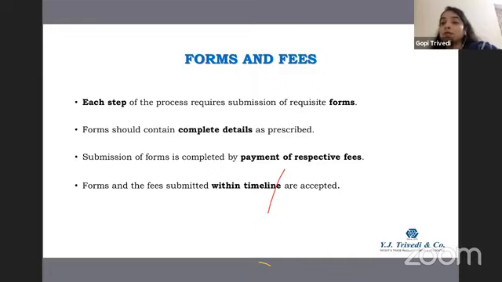Of course, the forms must be filled up with the right and true details. It can't be false or forged, otherwise it would amount to legal action. Then I have to submit the forms along with the respective fees. If I fail to pay the fees, then also the forms will not be accepted. And within the timeline, if I miss the timeline, my patent application will be abandoned, and that is forever.